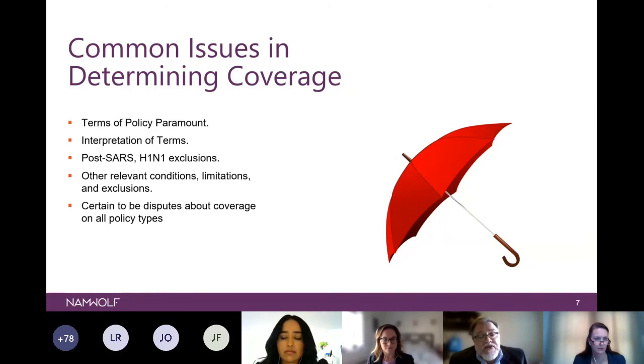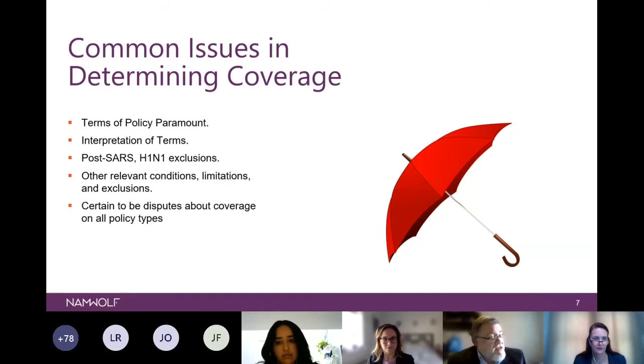As with any coverage issue, the particular facts and circumstances of a claim are going to make a major difference in most coverage issues. For example, something we'll be talking about shortly is whether or not a closure order was prepared that recited the need to prevent or limit risk to property, or whether or not it was issued on another basis.